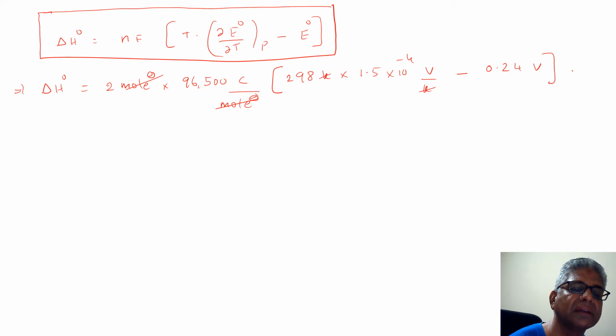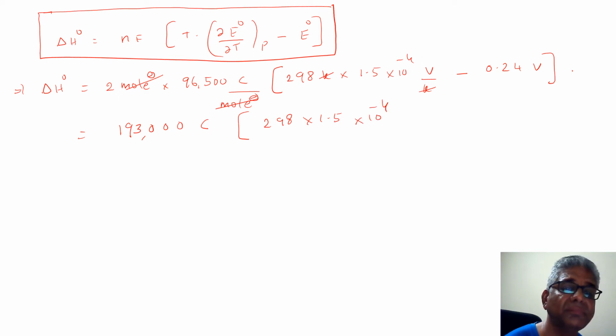So Kelvin gets cancelled. Now 2 into 96,500 coulombs turns out to be 193,000 coulombs. So 193,000 coulombs into 298 into 1.5 into 10 to the power of minus 4 volt minus 0.24 volt.